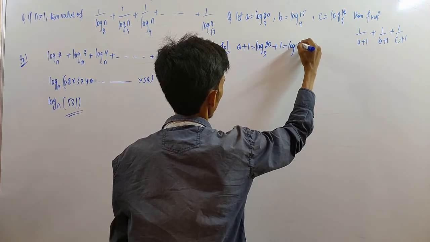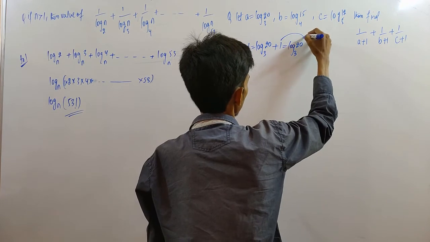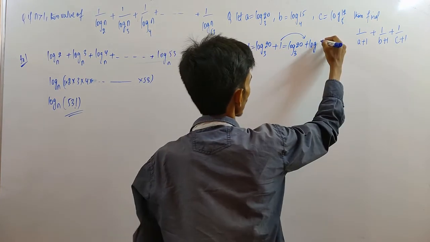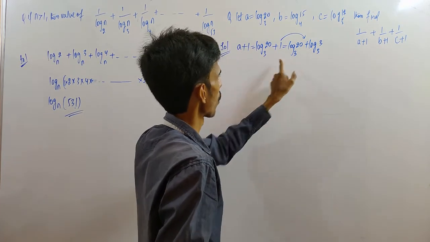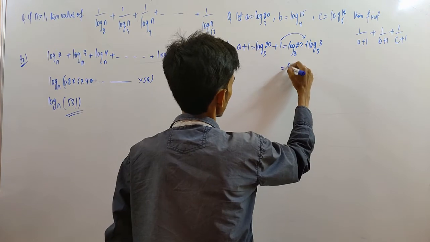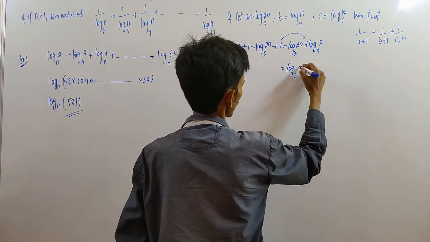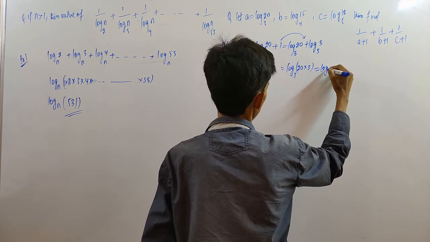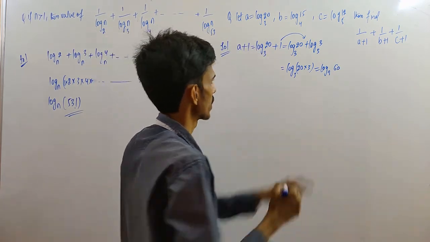Now convert this 1 in terms of log: here we have base 3, so we can make this log 3 base 3, whose value is 1. Now this can be simplified as log a plus log b is log ab, so it becomes 20 into 3. Sum becomes product, so it becomes log 20 into 3, which is 60, base 3. So the value of a plus 1 is log 60 base 3.